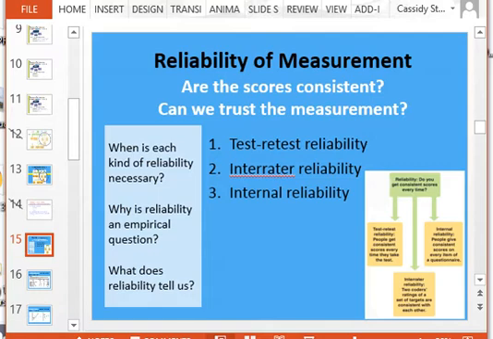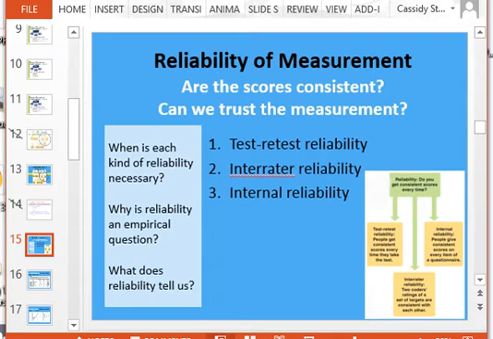And the question we would be asking if we are critiquing the reliability of how the researchers measure, say, love, is: are the scores that the researchers get consistent? And can we trust the measurement that they're using?